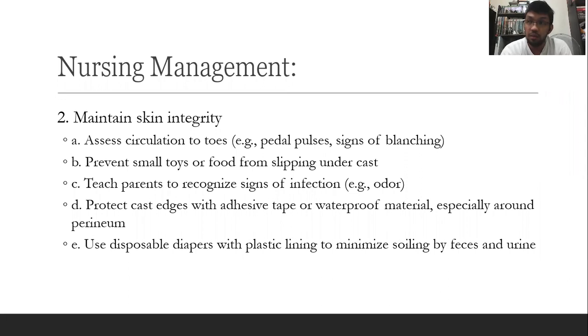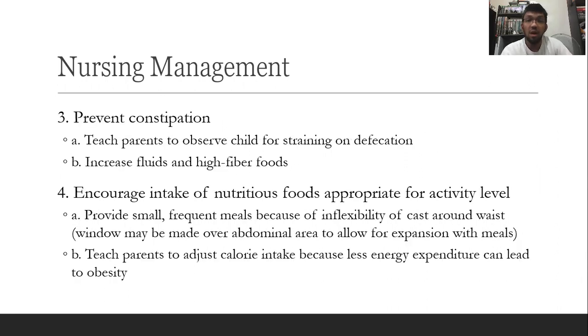And plastic lining must be placed around the edges of the cast to prevent it from being soiled by feces and urine. We also need to prevent constipation. We need to teach the parents to observe the child for straining on defecation, and of course to increase fluids and high fiber foods for the child in order to prevent straining during defecation.